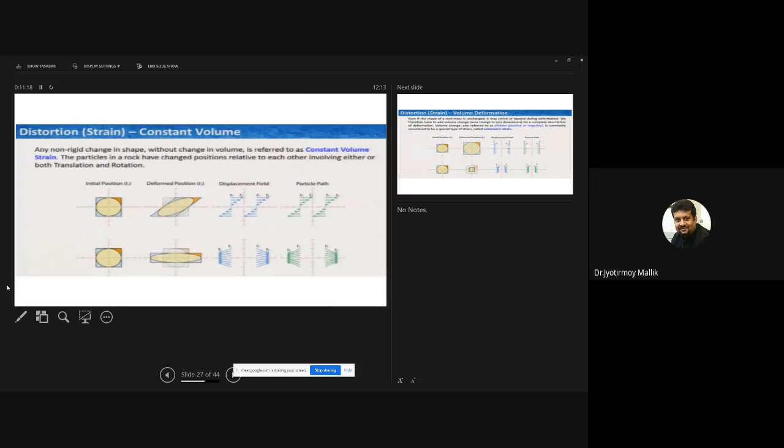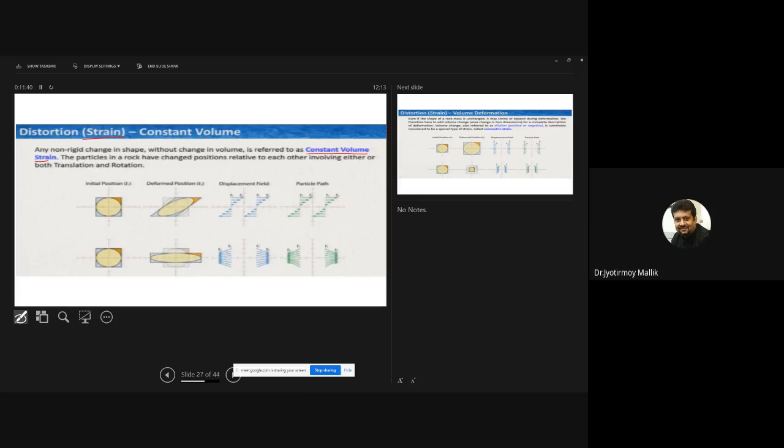Now there is the next category. We call it distortion, and distortion is typically also called strain. Any non-rigid change in shape without a change in volume is referred to as constant volume strain.